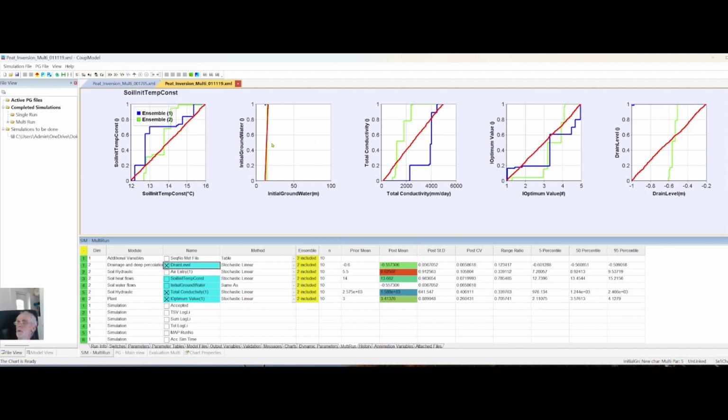Like, of course, the initial groundwater, there's something wrong with the scale here, but forget about that, because that is the same as the drain level. So at least 2 parameters were very well constrained.